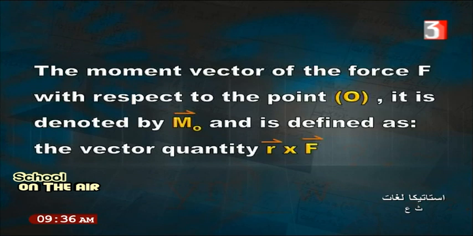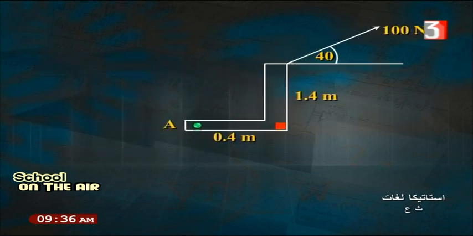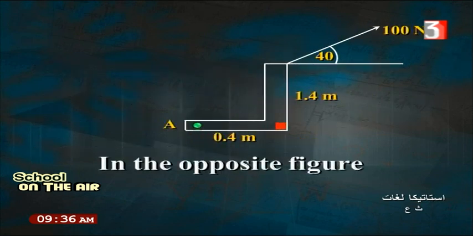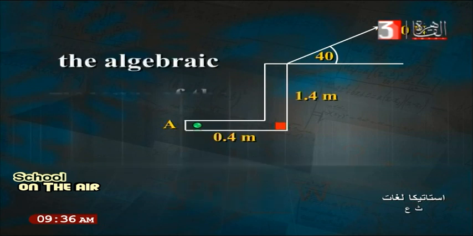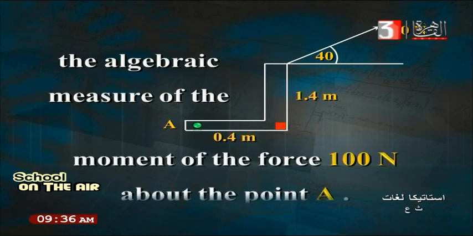Look, my dear student, the moment of a vector with respect to a point is defined as R cross F. Look at the opposite figure: what is the algebraic measure of the moment of the force 100 Newton about the point A?